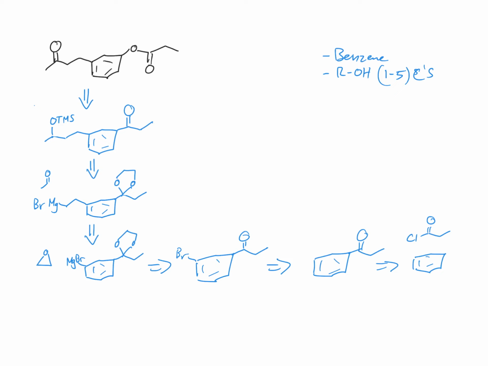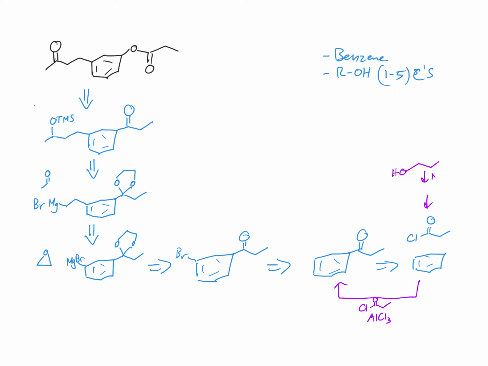So let's go ahead and work from the beginning. Of course, we know that if we have the acid chloride, aluminum trichloride will give us the aromatic ketone. To get to the acid chloride, I need to oxidize the primary alcohol.